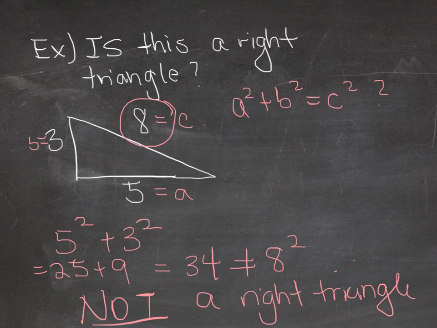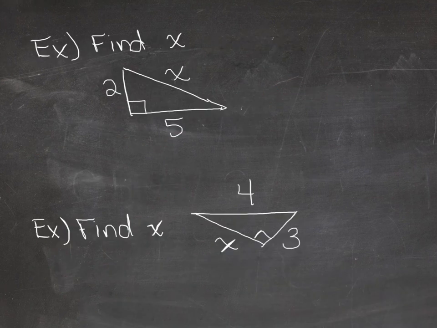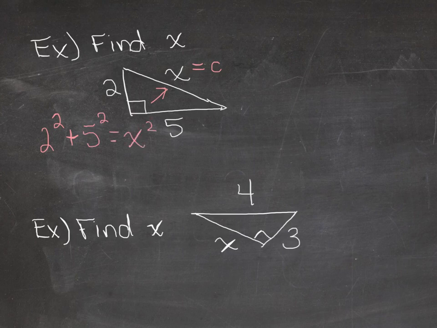Let's see some examples where we have to solve for a missing side in a right triangle. The first one here, I want to find x. I see that x is my hypotenuse, it's across from the right angle, so this will be c. If I plug everything in, it doesn't matter here for a and b, so I have 2 squared plus 5 squared is equal to x squared.